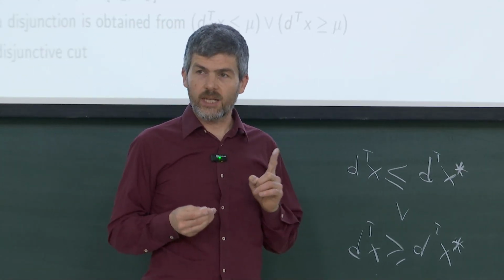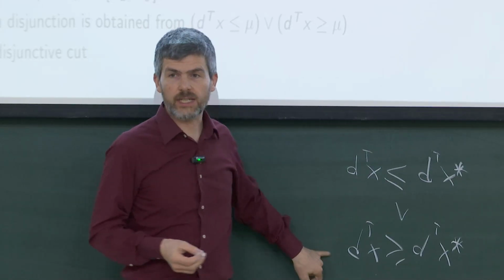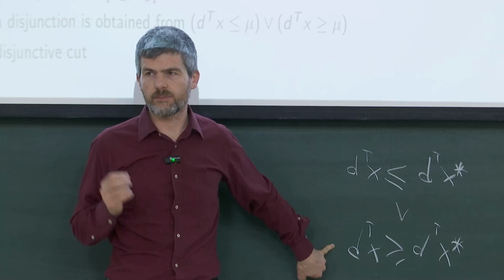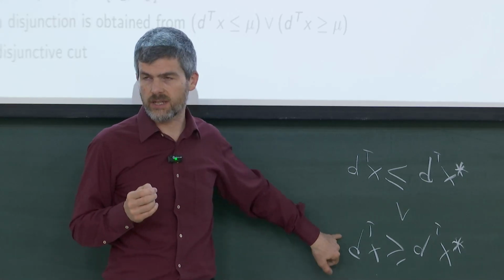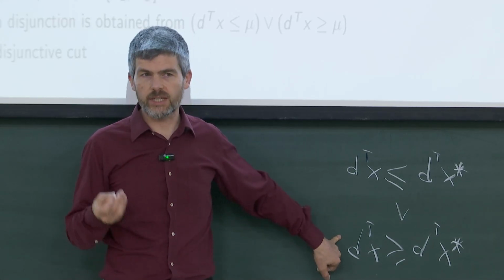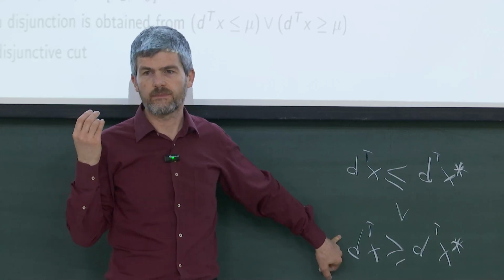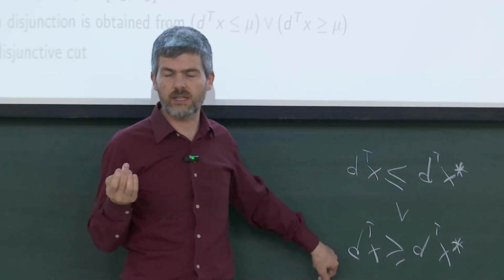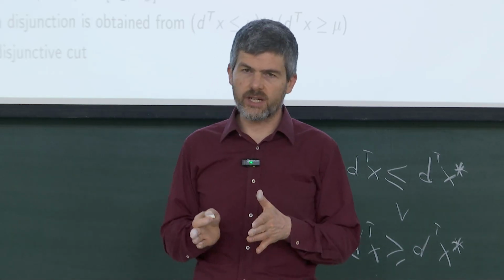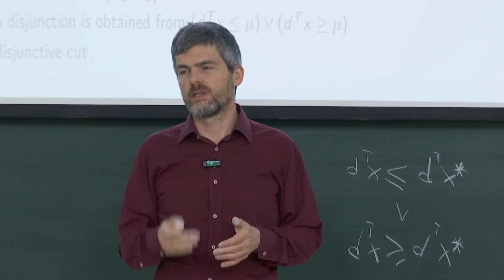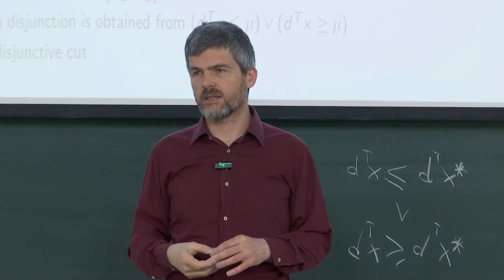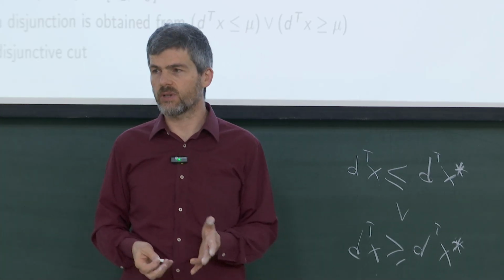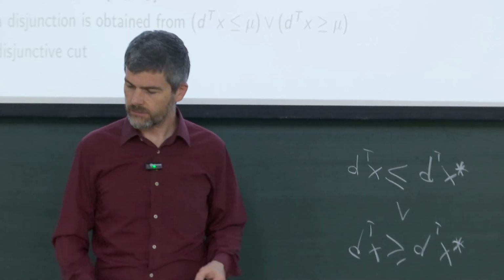Not only this, the application of this sort of technique was not even in branching. So the authors actually proposed to use this, which is a disjunction, to get disjunctive cuts, which we also saw in this course. So you use this disjunction in order to get an extra cut that is going to help you chop off some of the solutions you don't like, not by branching, but simply through a valid cut.